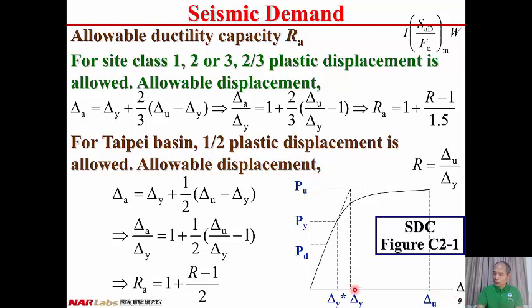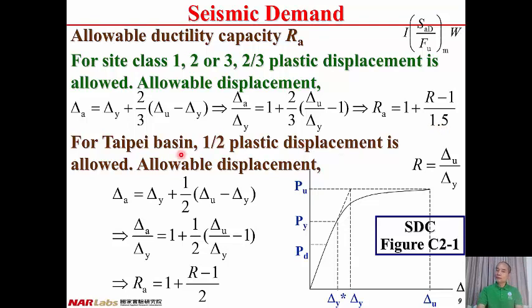That means from delta Y to delta U is the plastic displacement. If we divide the whole equation by delta Y, then delta A divided by delta Y equals 1 plus 2/3 times (delta U divided by delta Y minus 1). Therefore, Ra equals 1 plus (R minus 1) divided by 1.5.